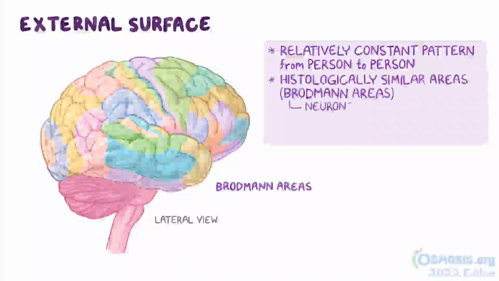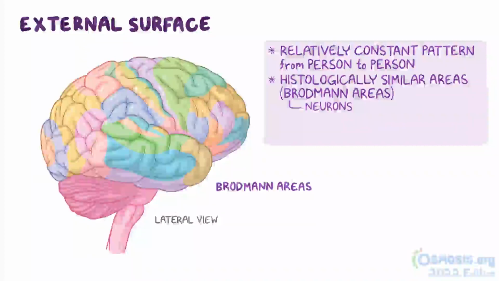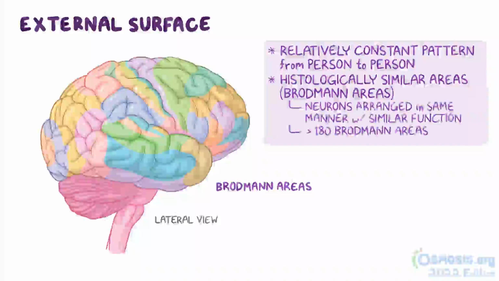This means that the neurons within a particular Brodmann's area are all arranged in the same manner and partake in a similar function. Approximately 180 Brodmann's areas have been identified in the human brain through MRI and other mechanisms. We'll mention Brodmann's areas for some of the primary areas of cortex shortly.